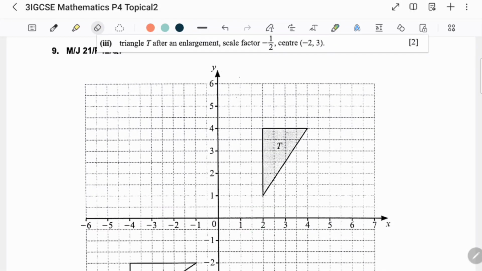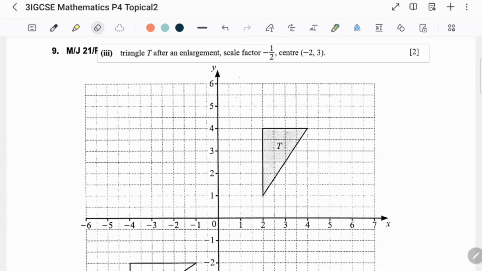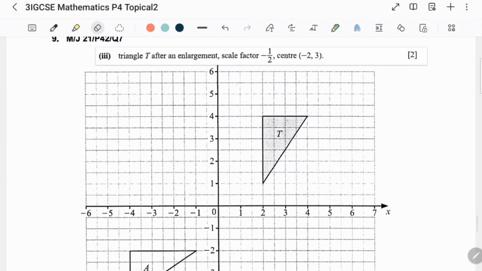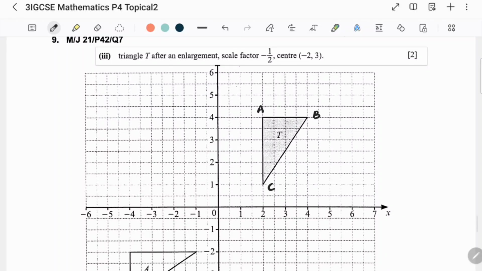Okay, so it's a 2 marks question, triangle T after enlargement, just see it. And the scale factor is minus half, and the center is minus 2, 3. So first identify the details, which means find out the coordinates of the object which they have labeled as T. This is your A, this is your B, and this is your C. So I'm doing some calculations here at one corner.